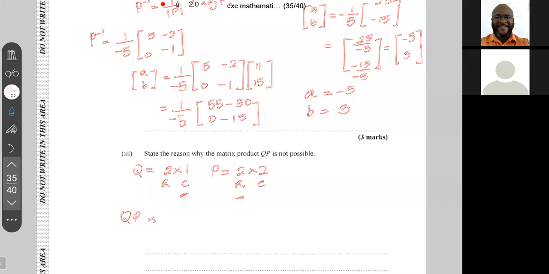is not possible because QP is not compatible for matrix multiplication.